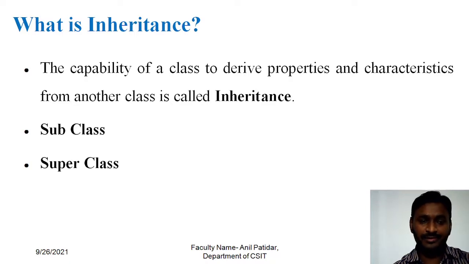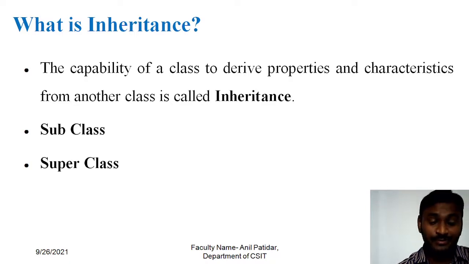The second class is the superclass, the class whose properties are being inherited. It is also known as a base class. Inheritance is done in such a way that you can reuse, extend, or also modify the attributes and behaviors of the base class.